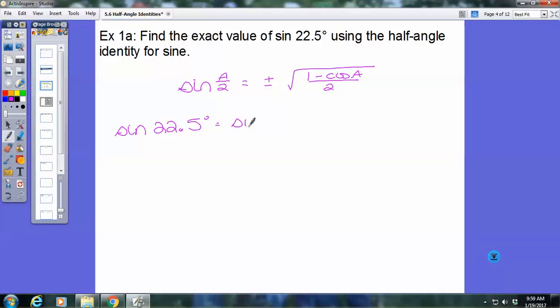So the question is, what is my A? 22.5 is the same as what divided by 2? 45. So A is 45. So to find sine 22.5, we are going to plug a 45 into this formula.